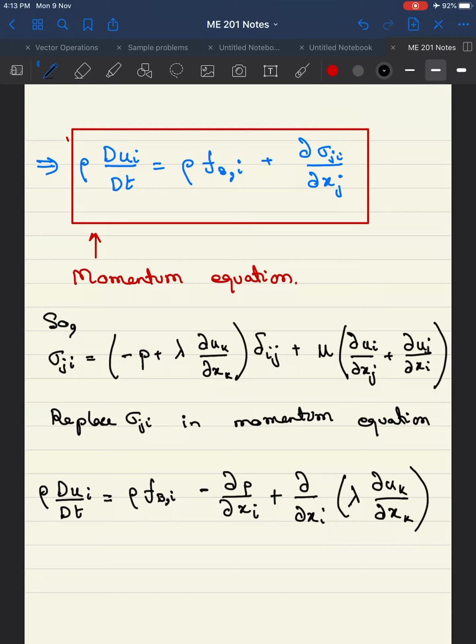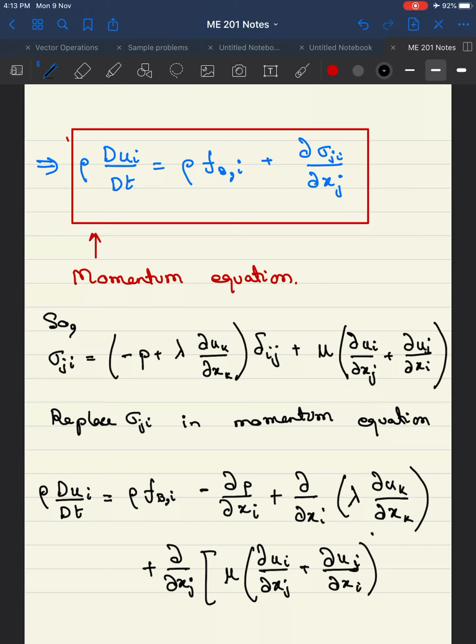The same thing happens to the other term, and here you will remain with del xj, and you will have mu times this rather complicated term, del ui by del xj plus del uj by del xi.